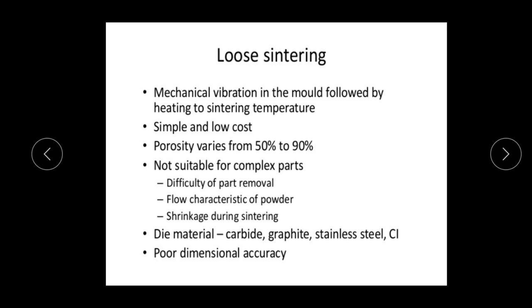It is not suitable for complex parts because of difficulty of part removal, flow characteristics of powder, and shrinkage during sintering. The die materials which we can use in loose sintering are carbide materials, graphite, stainless steel, and cast iron materials. Also, we could achieve only poor dimensional accuracy.